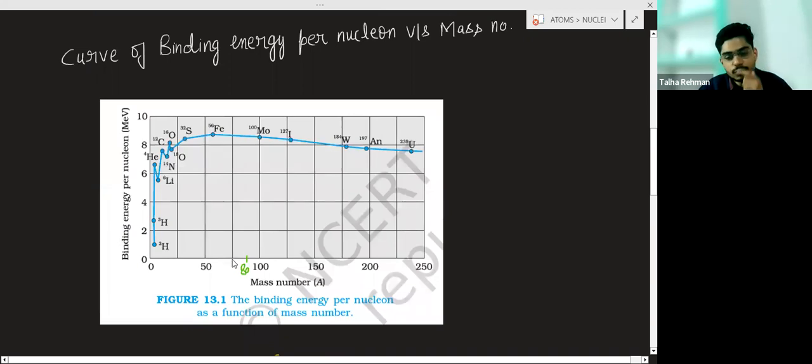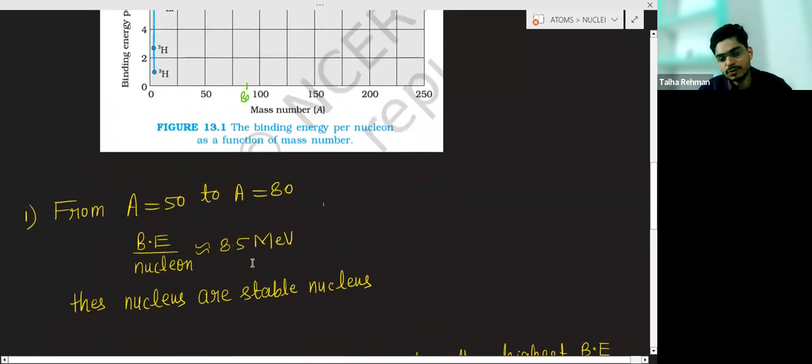Suppose you want to see the binding energy at 50. At 50 you will get binding energy more than 8, and at 80 also you will get more than 8. So basically from 50 to 80 the average binding energy per nucleon from the graph is concluded as 8.5 mega electron volt.